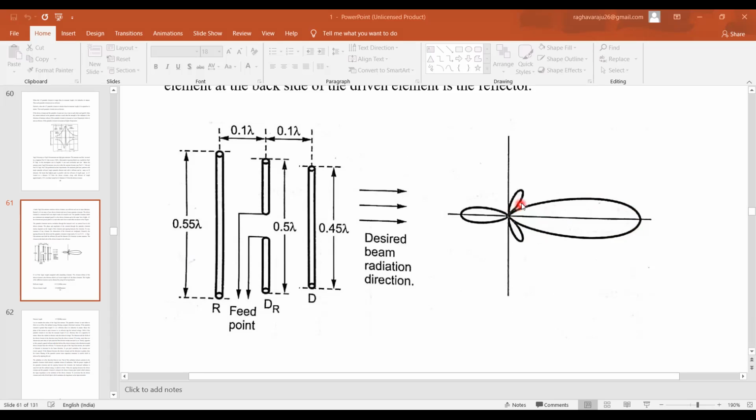The minor lobes are aligned with the major lobe, and this is the main lobe.